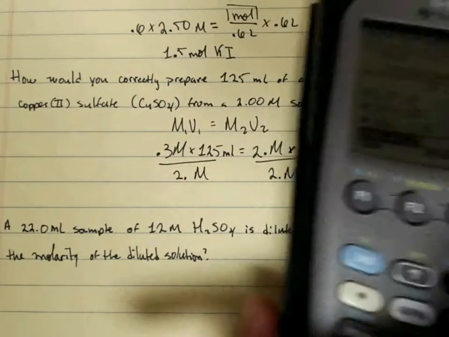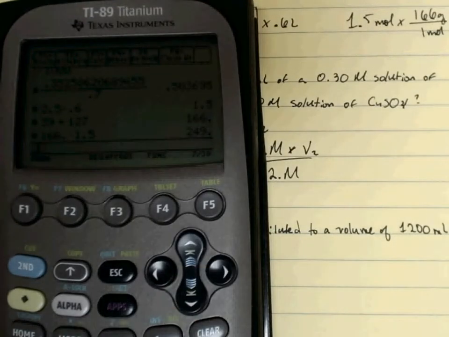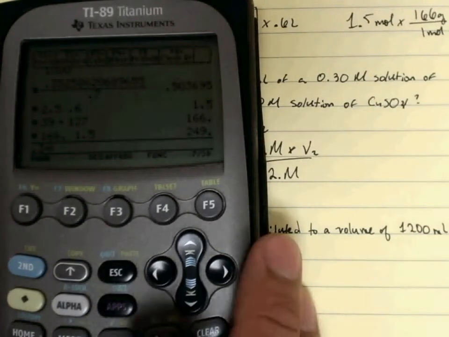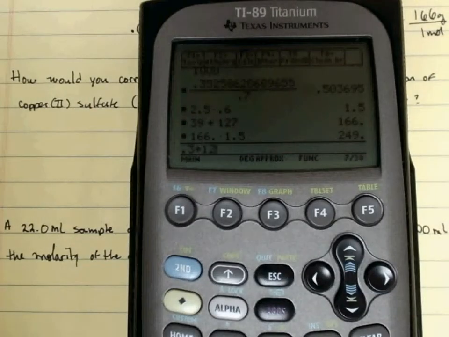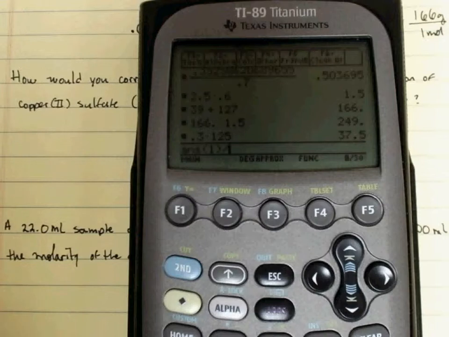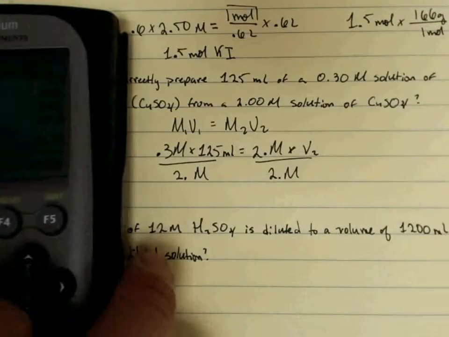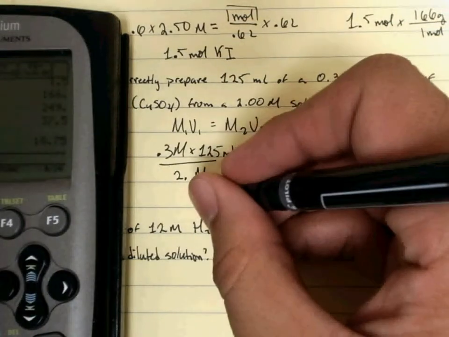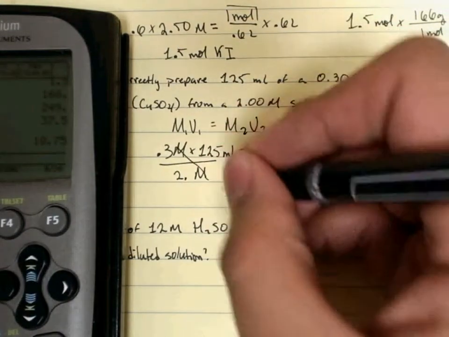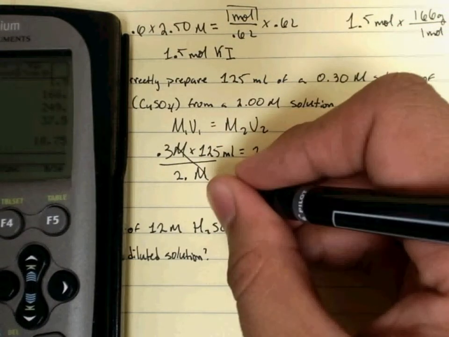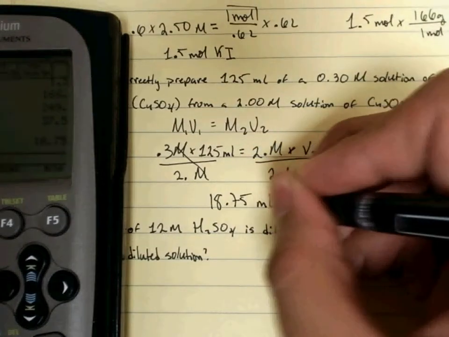So I'm going to do 0.3 times 125 divided by 2. So let's cancel that. I'm left with 18.75 milliliters.